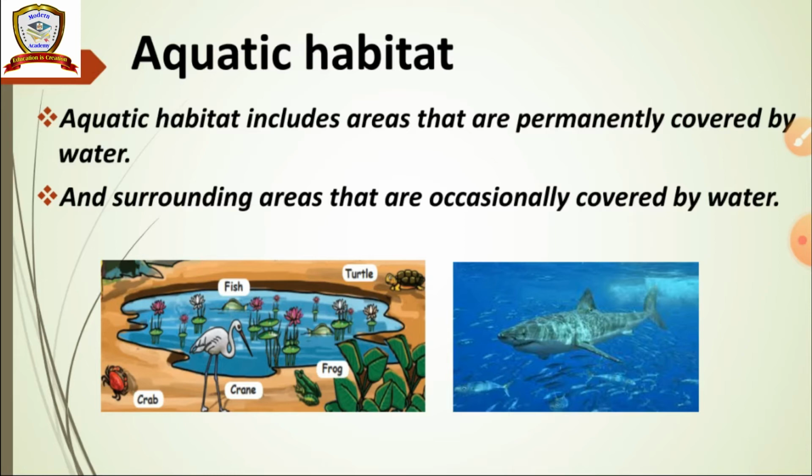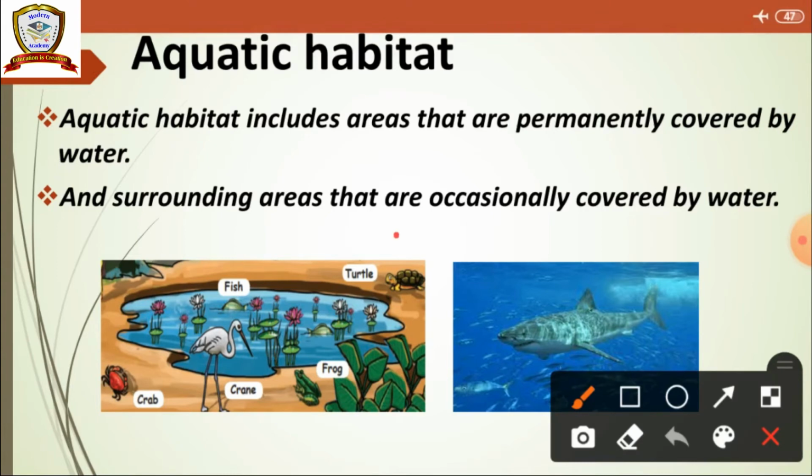Here you can see the pond picture and the sea picture. In the pond you can see some animals. Shall we find out the animals? Yes. Turtle, fish, crane, crab, frog, even some snakes and insects live in the pond.